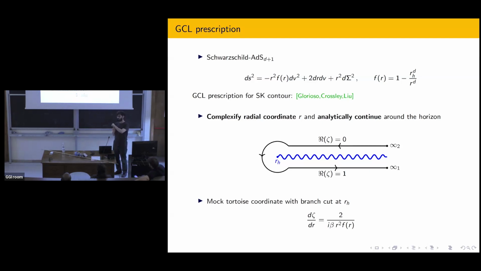It might be obvious in a couple of slides. For convenience, to control this branch cut, we can define this mock tortoise coordinate, and you can immediately see that this has a branch cut there.